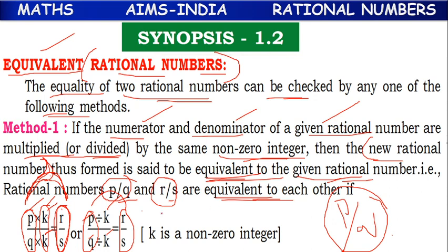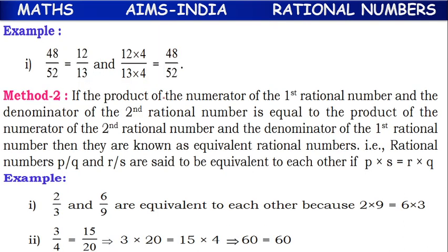But here the condition is that k must be a non-zero integer. We can multiply with k or we can divide with k. Next, suppose we have a rational number 48 by 52.